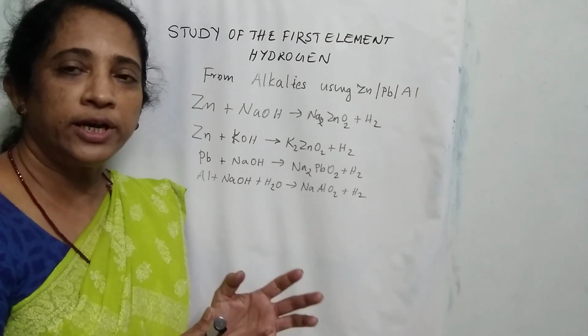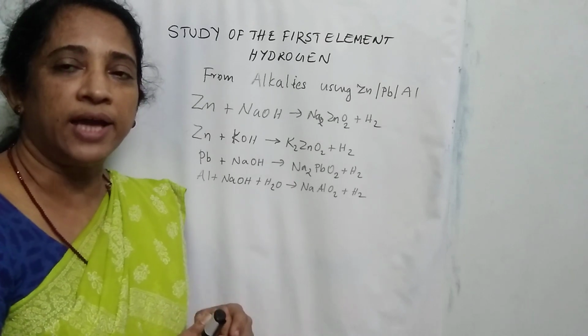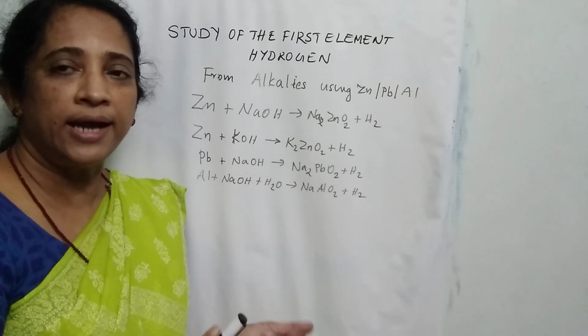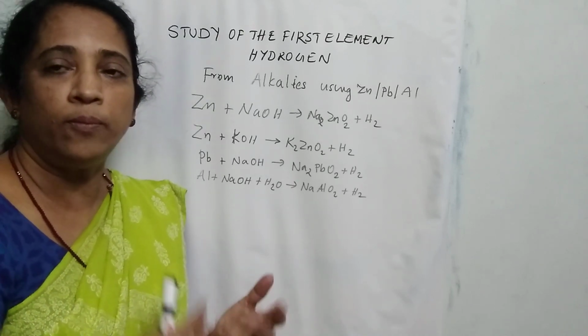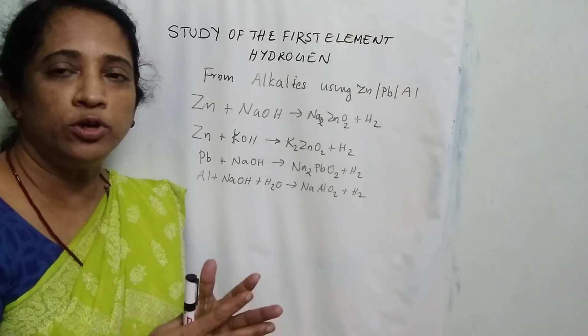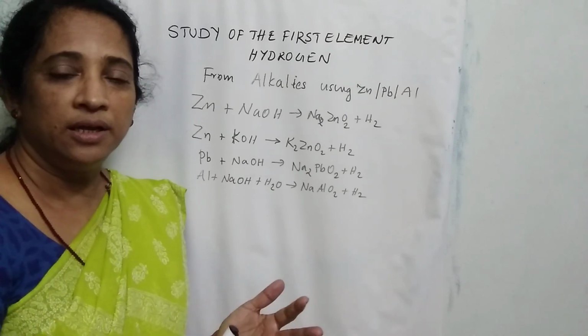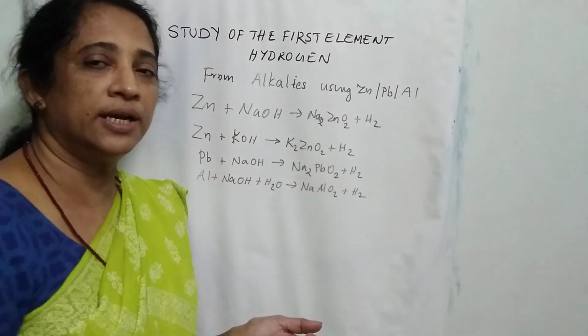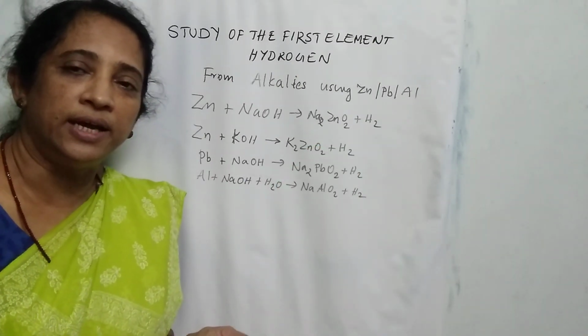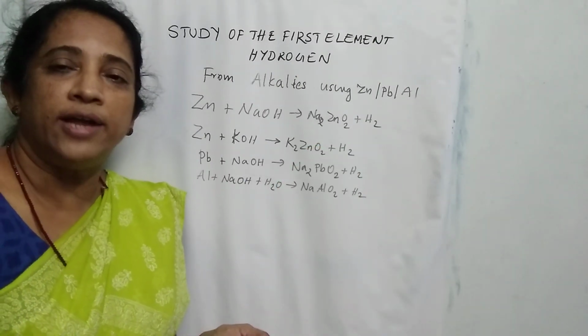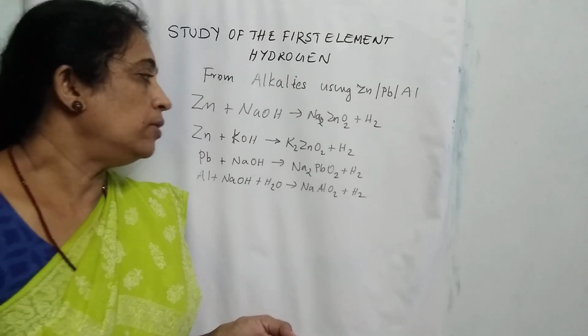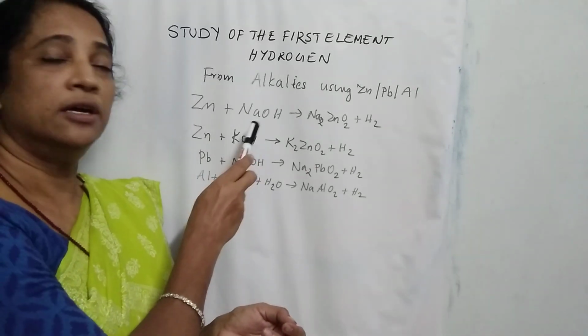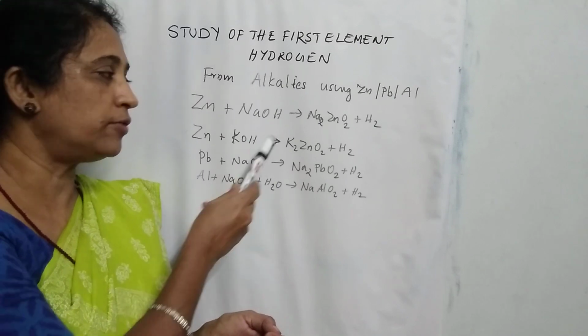The amphoteric nature means these elements can react with both acids and alkalis and form respective products. We know that metals react with acids generally, but these three metals can react with both acids and alkalis. Such elements are called amphoteric in nature. So we can use these metals for the production of hydrogen from alkalis.